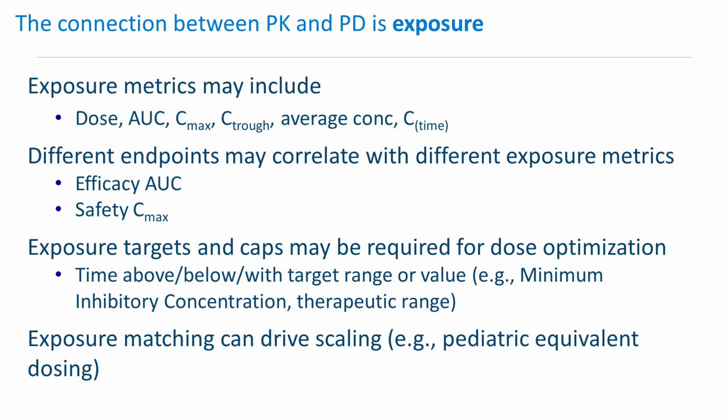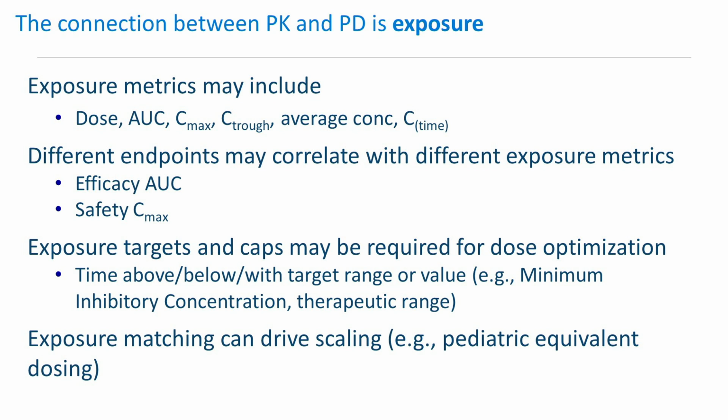It is not 100% true, but a general rule is that the efficacy is generally correlated with the AUC, whereas the safety is generally correlated with the maximum concentration. But again, this is a general rule, but certainly not the same for every compound. It's important for us to know exposure targets and caps when we're trying to optimize our dose.